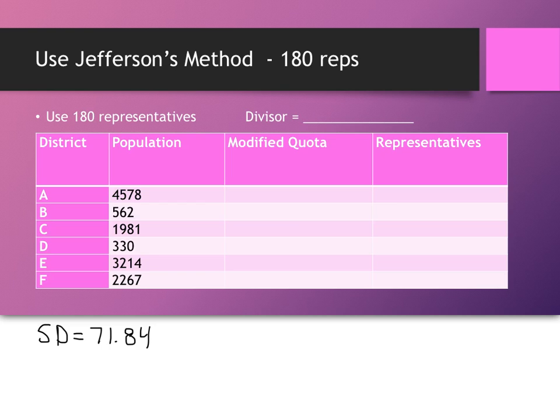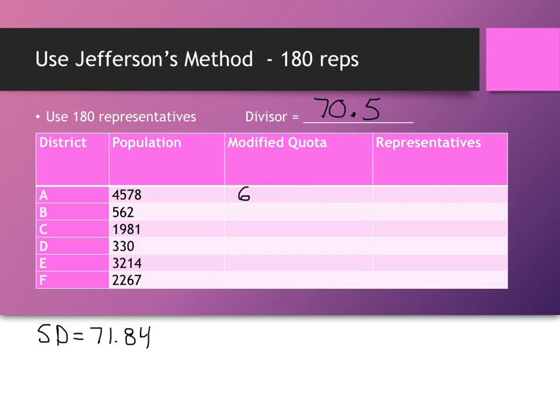After about 3 iterations, I got a divisor of 70.5 that would work. Now the modified quotas, again, we're just dividing by 70.5. Let me rewrite that, sometimes this pen doesn't write very well.